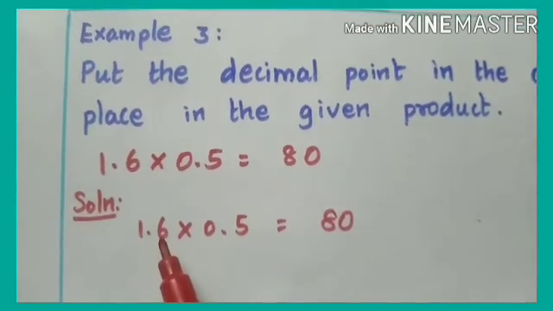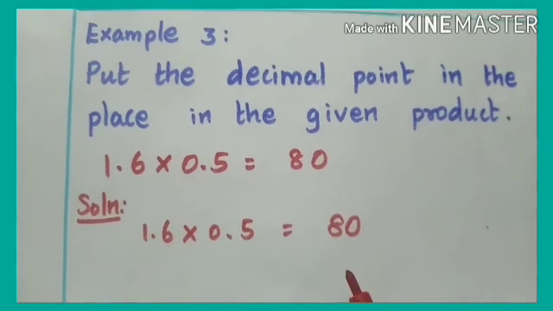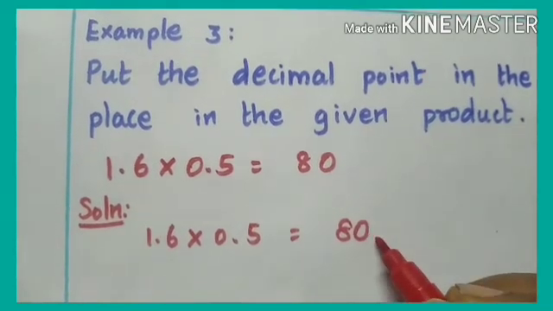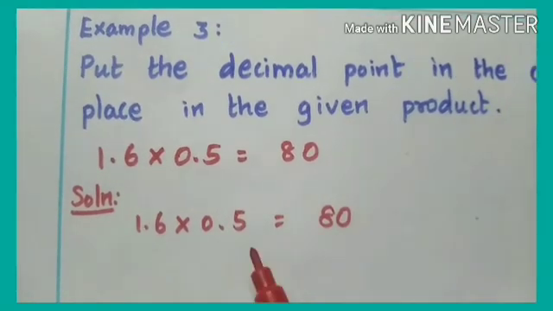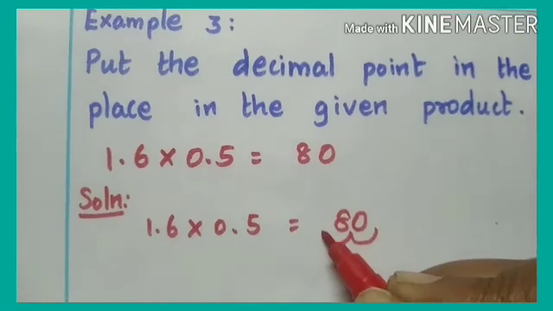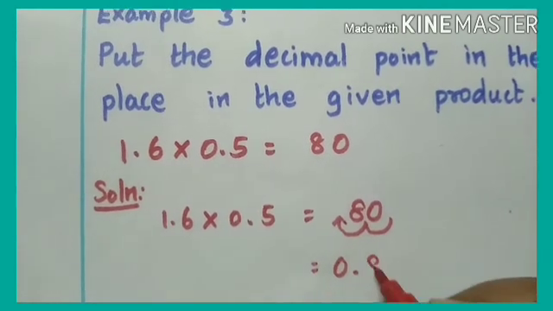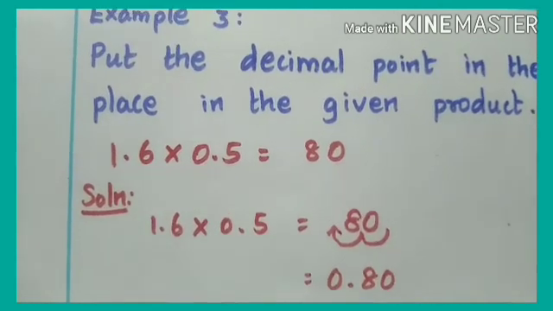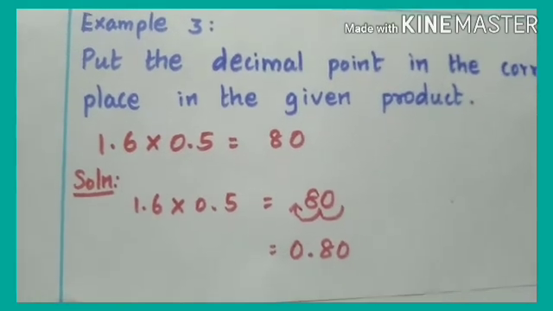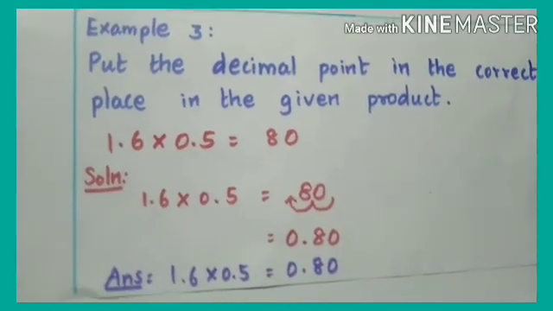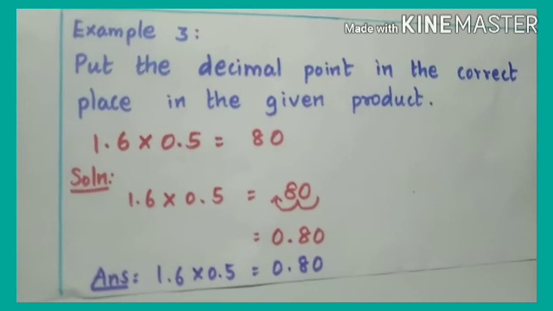The second number also has one decimal place. So totally we have two decimal places. So the decimal point moves from the right to two decimal places. That is 0.80. Now we get the answer as 1.6 into 0.5 is equal to 0.80.